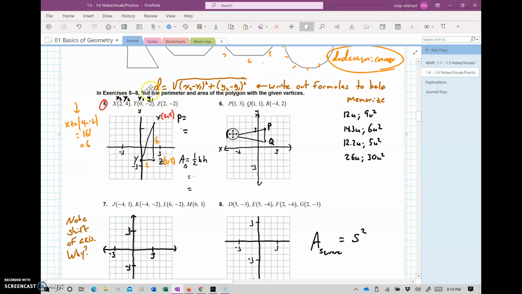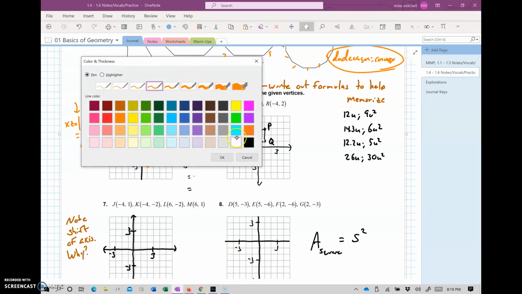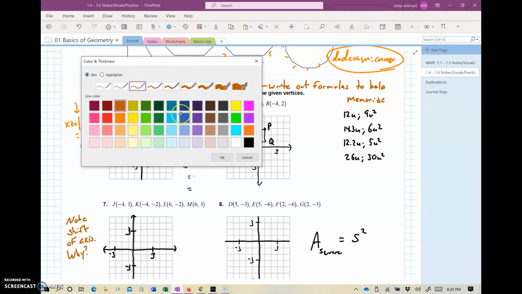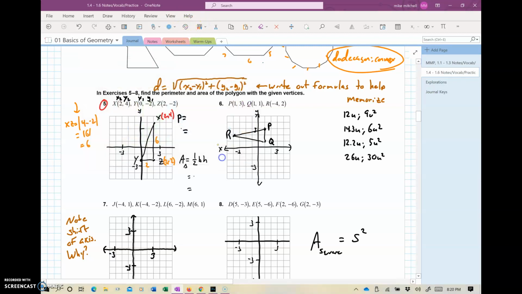I've labeled my points. I'm going to get my pen running here. Let's go with this color. That's what we've been using. Okay, so XY equals the square root of (x2 minus x1) squared plus (y2 minus y1) squared.